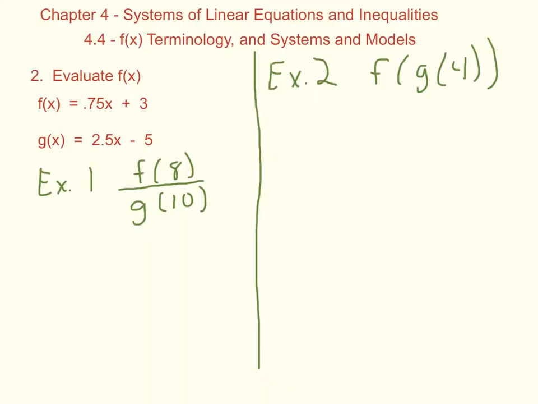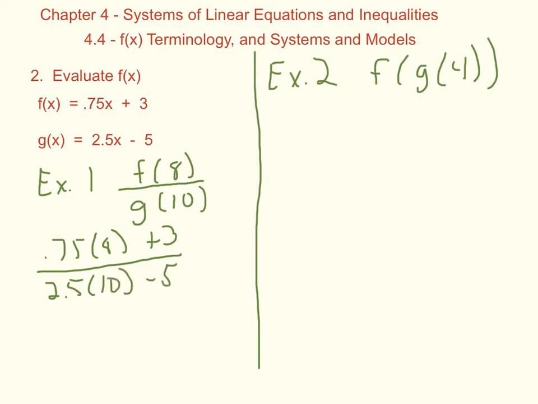Okay, now that we know the terminology, the second thing we want to do is make sure that we can evaluate f of x, g of x, whatever. The first example has f of x when x is 8 divided by g of x when x is 10. So how would we write this? We would go 0.75 times 8 plus 3 divided by 2.5 times 10 minus 5.